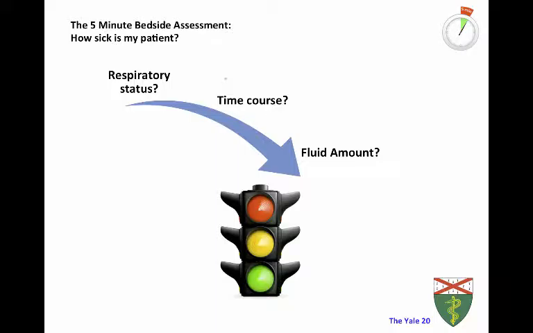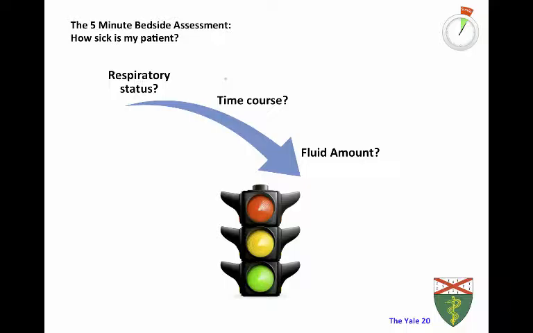Is this causing them to not be able to exchange oxygen effectively or not be able to ventilate effectively? Second, has this happened on a really rapid time course? Is it a new effusion that's built up very quickly, or something that has gone on for a while? And then the fluid amount. Regardless of how fast the fluid has accumulated, if there's a lot of fluid in the chest cavity, that will lead back to compromising the respiratory status.